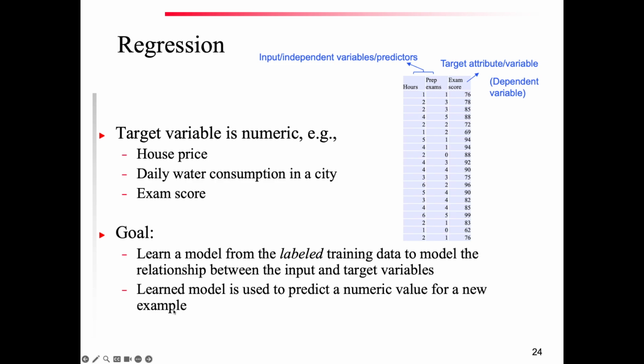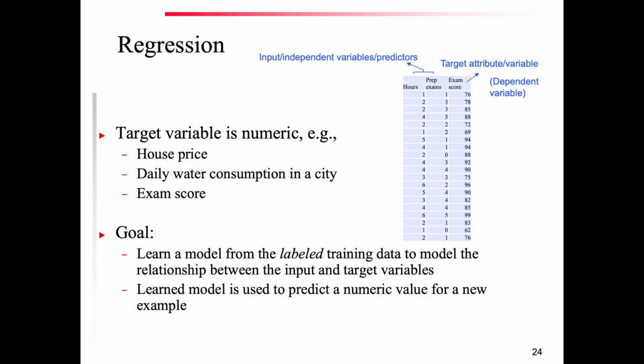target variable. So the target variable in the example here, we have 3 columns: hours, preparation exam, and exam score. And based on these, for example, preparation hours, you want to find the relationship between preparation hours and your exam score.